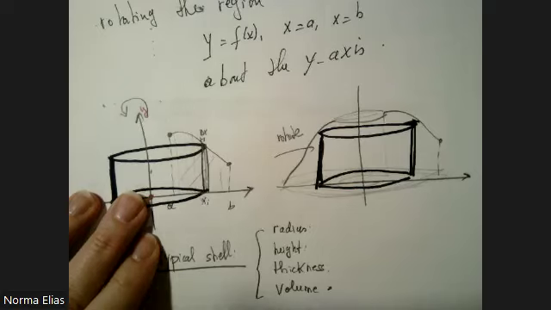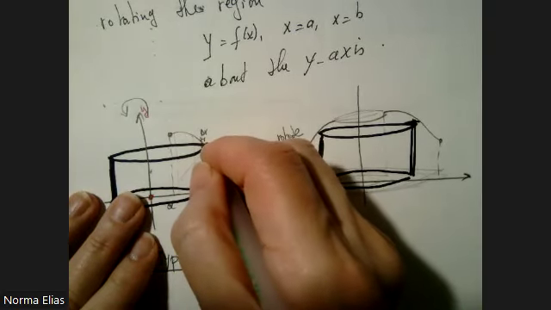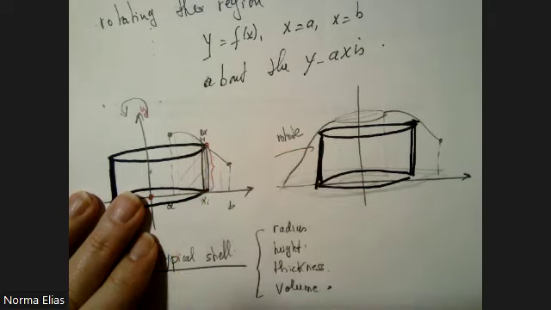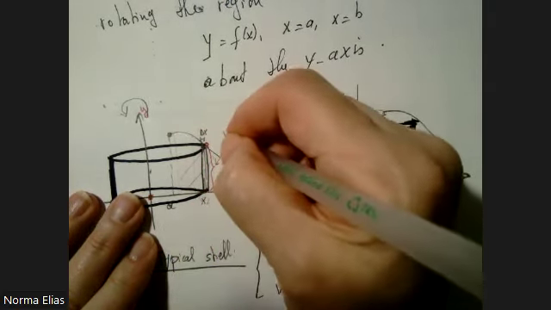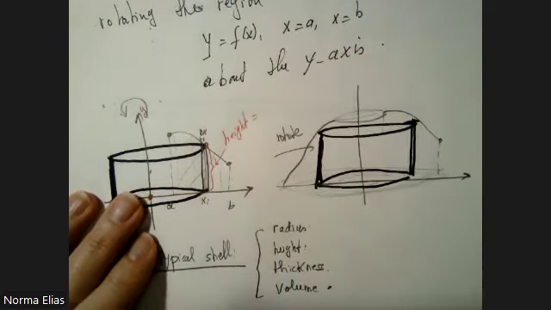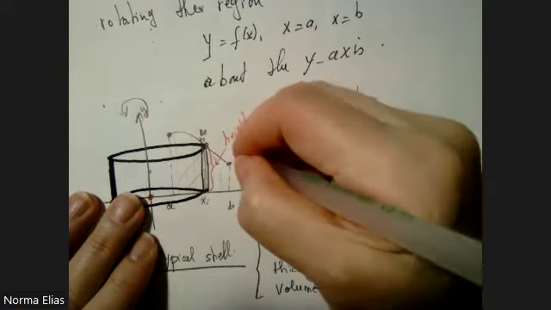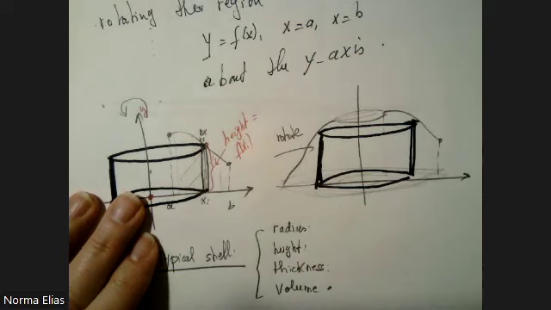Okay, let me do the easy one. What's going to be the height of the shell? The height of the shell is from here up to here. So what's going to be the height? Quickly. F of xi. Absolutely. So the height, I have no issue with it. Remember, you're not going to memorize anything except the volume of a shell.